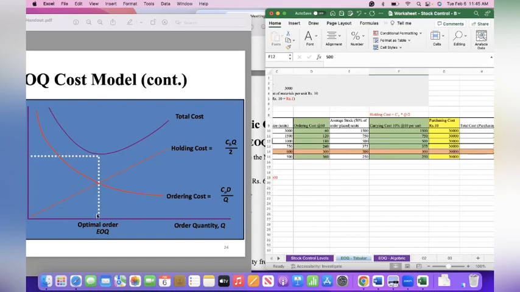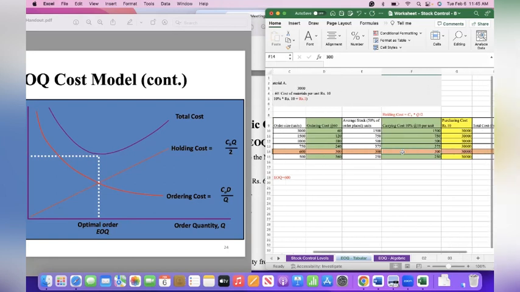The place where these two become equal is the order size where ordering cost and holding cost are equal. We assume that when the holding cost and the ordering costs are equal, that will be our optimal order size, the EOQ.